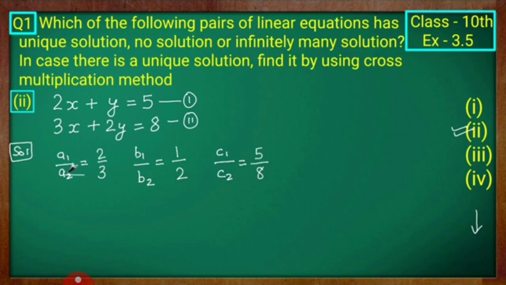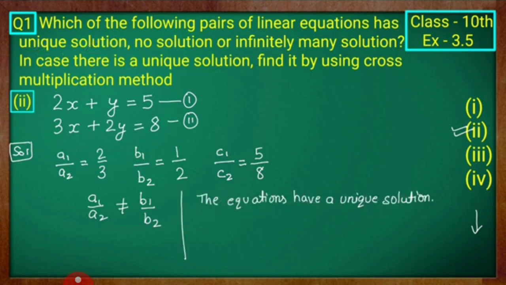Now you can see a1 upon a2 does not equal b1 upon b2. If any pair of linear equations has a1 upon a2 not equal to b1 upon b2, in this case this pair of linear equations has a unique solution, you know very well.